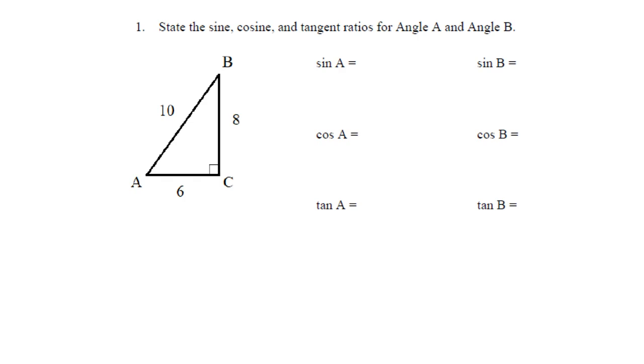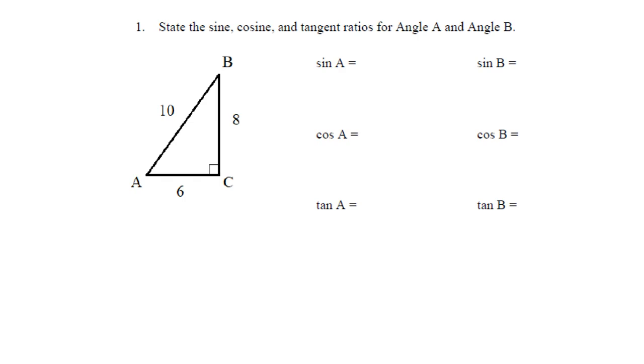In question 1, I have now asked you to state the sine, cosine, and tangent ratios for angle A and angle B. I'm going to ask you to do some stuff today and tomorrow that you're not going to have to do in the future. Please just play along with me for these 2 days, because it's really important as we address our trig ratios.